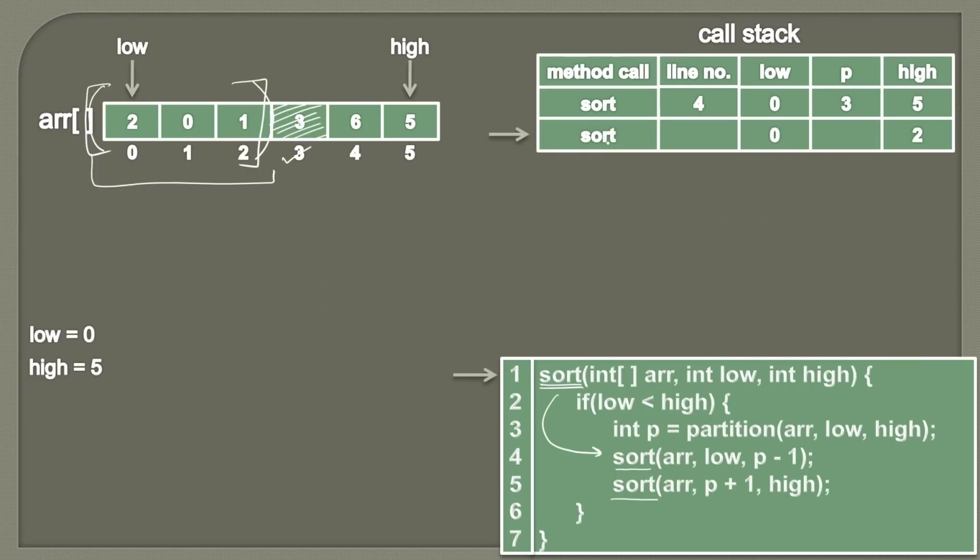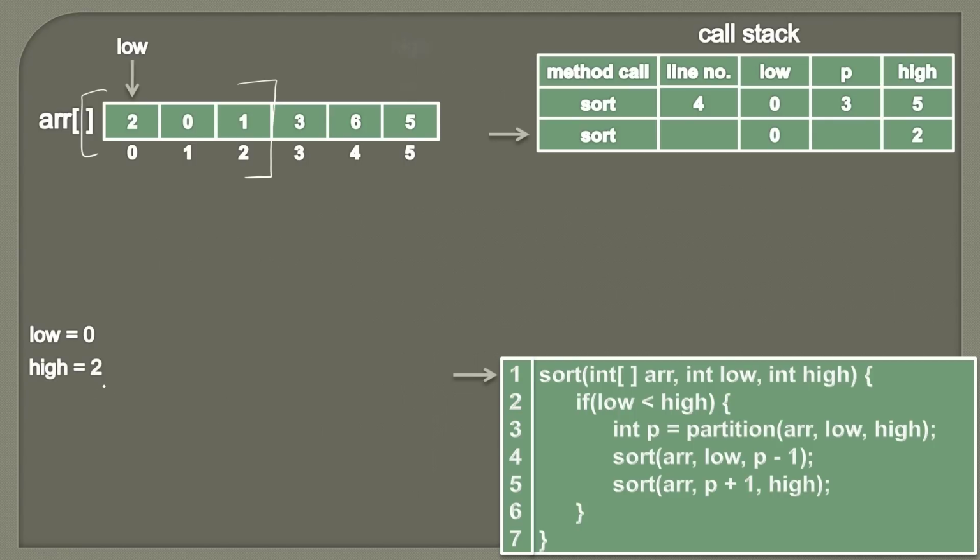So this sort method will be called with low as 0 and high as p minus 1. So this was our p previously, p minus 1, which is 2. So here now we are doing the sort from low to p minus 1. So this is the range of our array which we need to sort now.